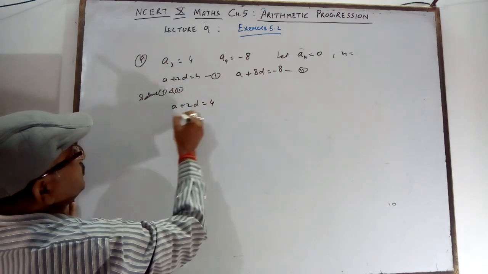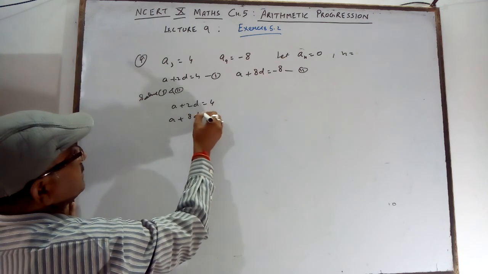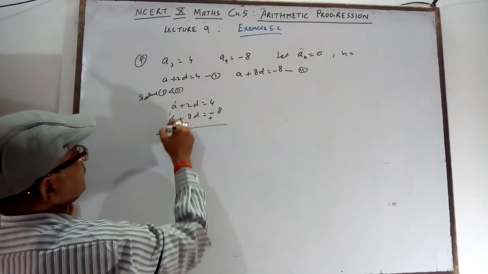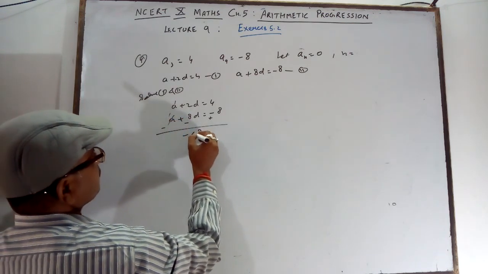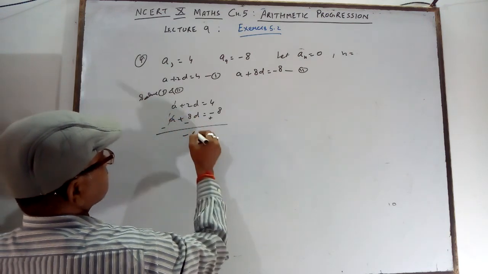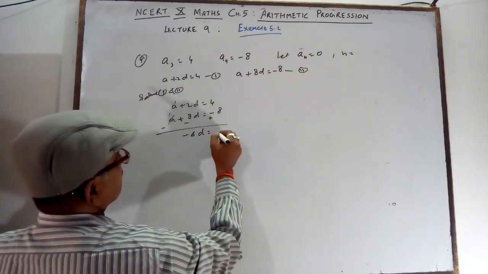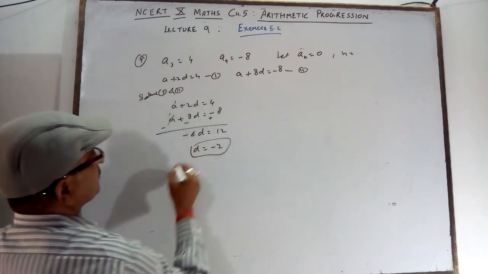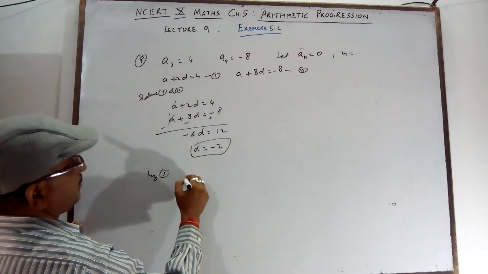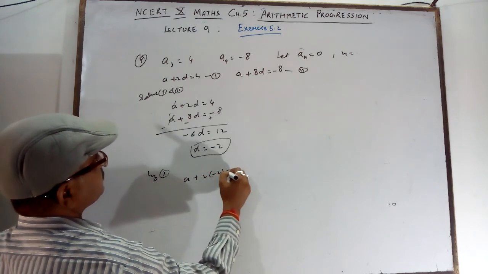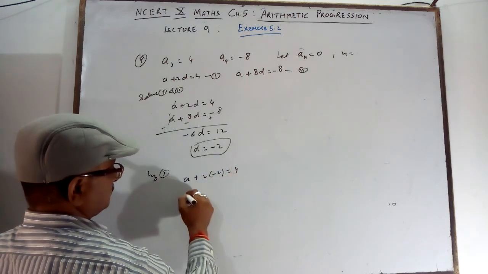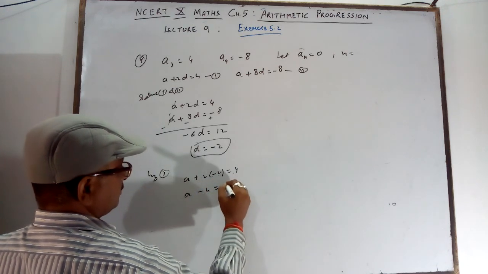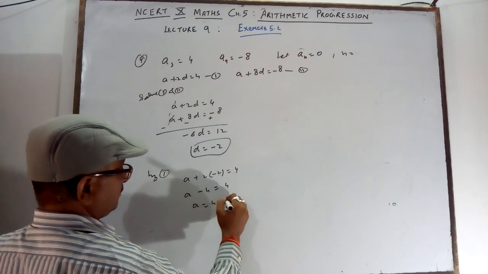Subtract, A cancels, minus 6D is equal to 12, then D is equal to minus 2. By the first, A plus 2 into minus 2 is equal to 4. So A minus 4 is equal to 4, then A is equal to 8.